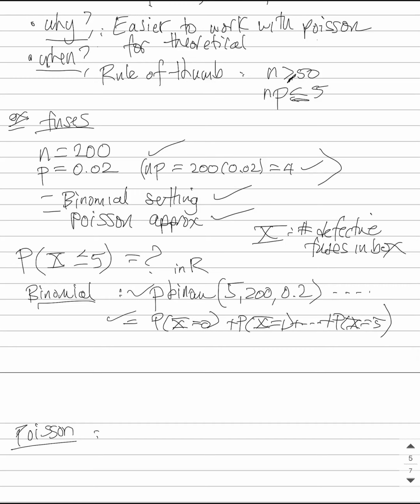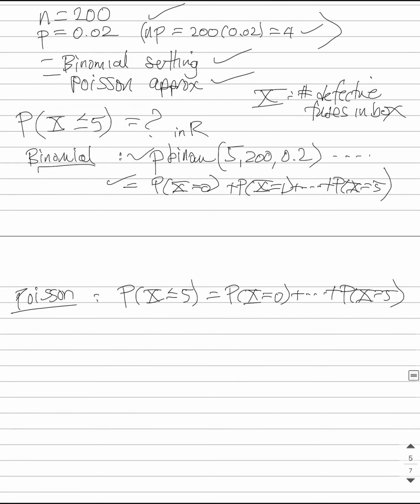Yes, the software is easier to do, but we would like to have some other sophisticated tools, and this is what the Poisson distribution is all about. So again, if you were interested in calculating this, you have to calculate all of these individual values all the way up from 0 to 5, because it's possible that there are no defective fuses in the box. So the new tool here is that the Poisson mass function has a formula.